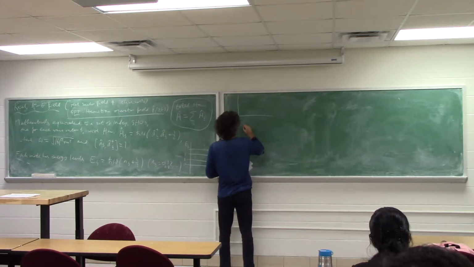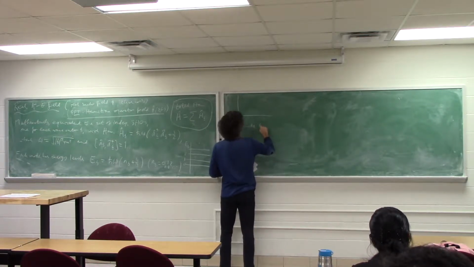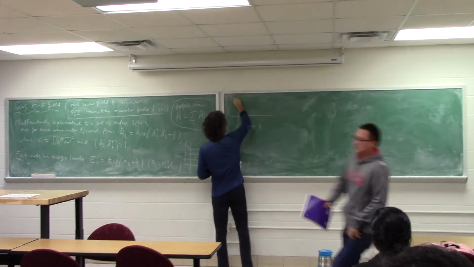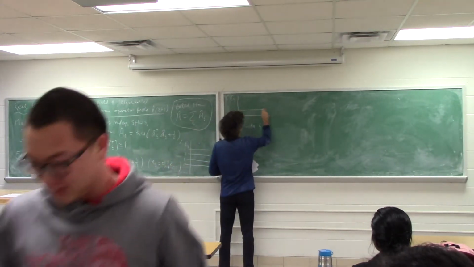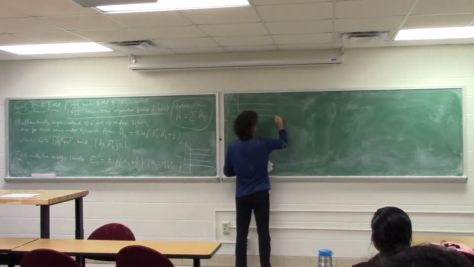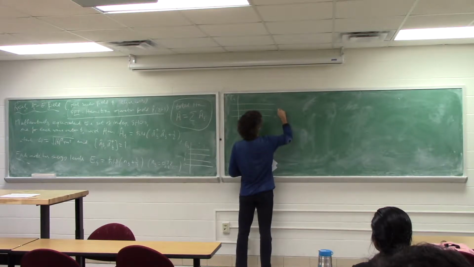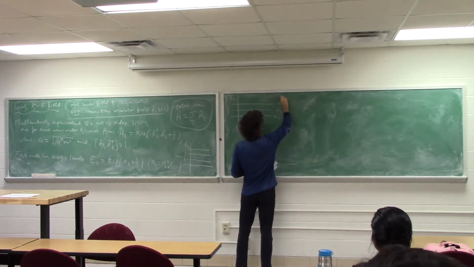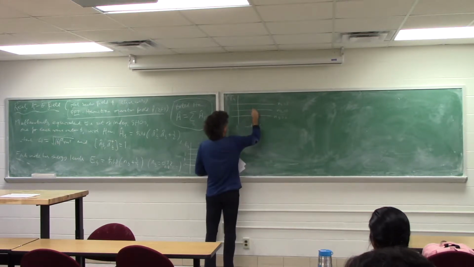Let's say you have the mode K. We're looking at one particular mode. And so we have n_k is 0, n_k is 1, n_k is 2, etc.